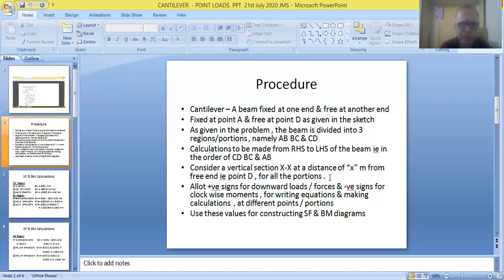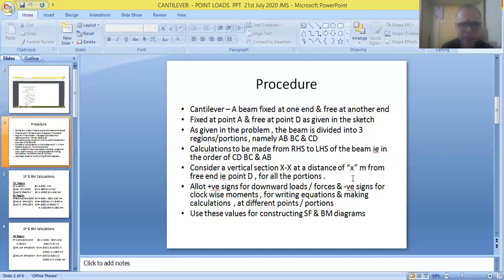Without getting the SF values, we cannot construct the SF diagram. Without getting bending moment values, we cannot construct the BM diagram. So writing equations is very important, and for doing that, considering sections is very important. So this thing has to be remembered.